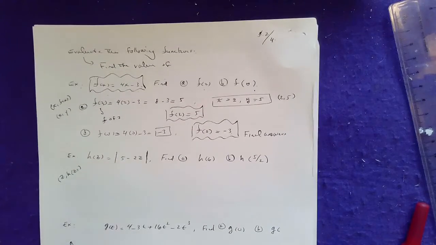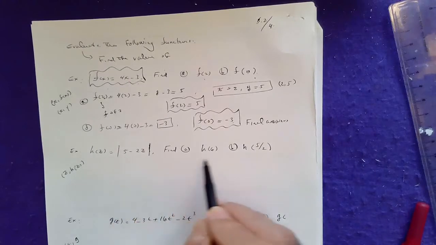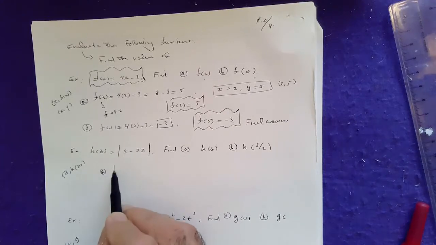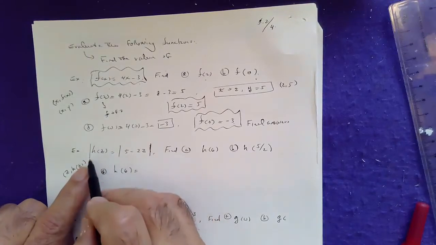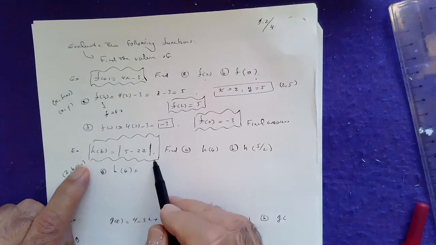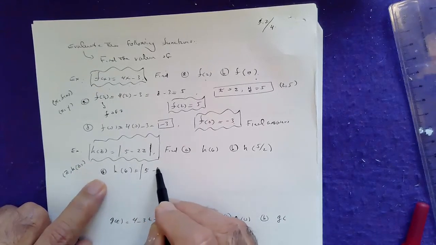So don't panic. All we have to do is replace the z with these numbers. So the question is find what? h of 6. So that means go back to this equation inside the box, replace the z's with 6. So you go inside the absolute value bar and you kind of what?